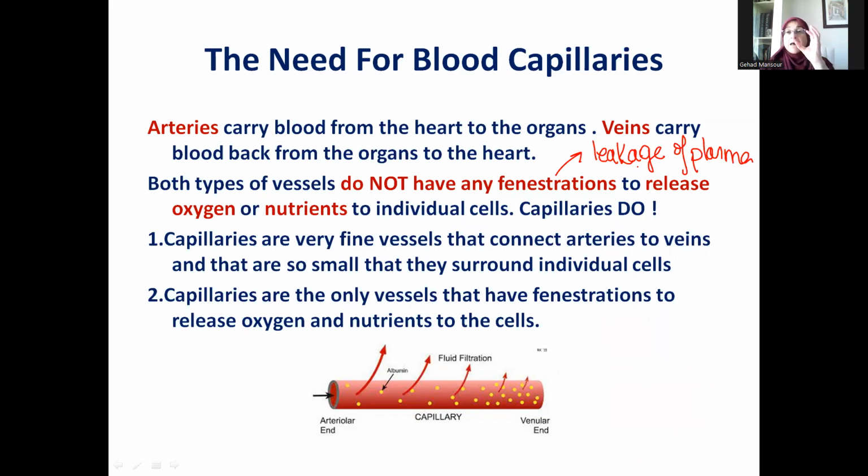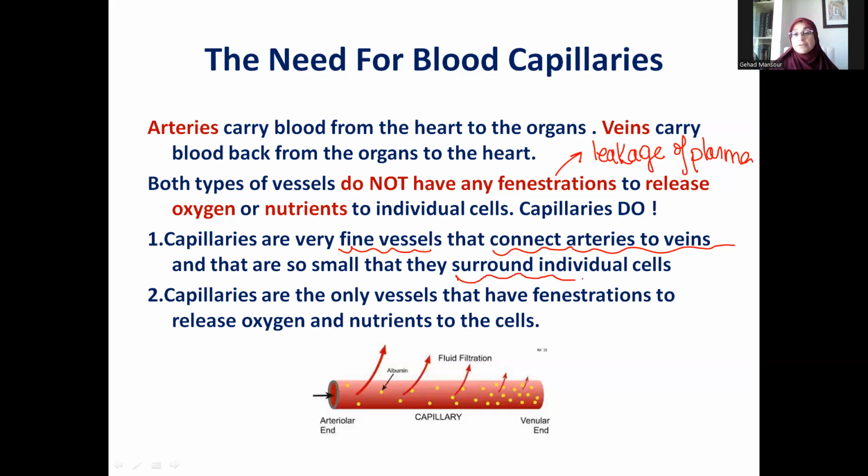That's why every group of cells in the body should be surrounded by a very extensive network of blood capillaries. So capillaries are fine blood vessels, as you see on the slide. They are fine blood vessels that connect the arteries to the veins, as we have just seen on the previous slide.